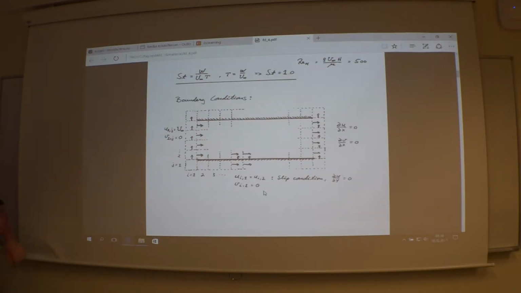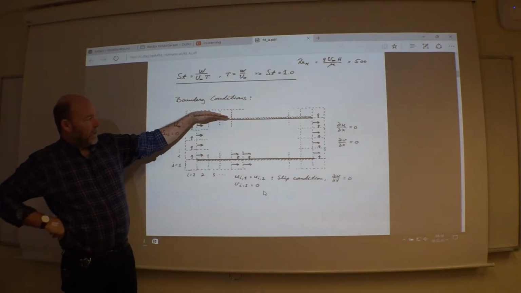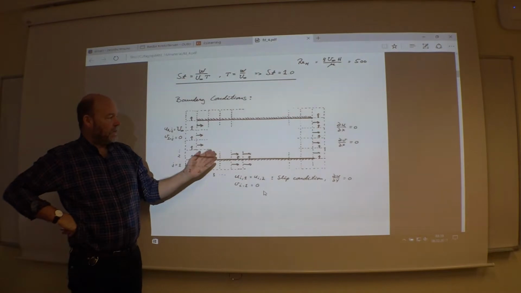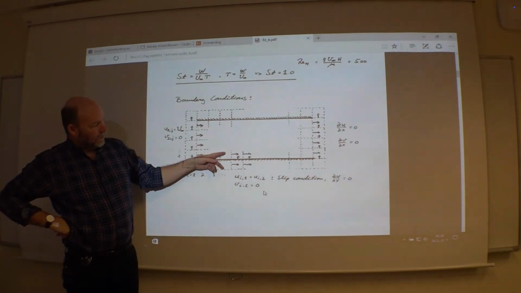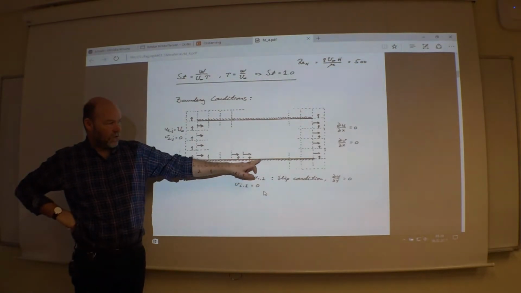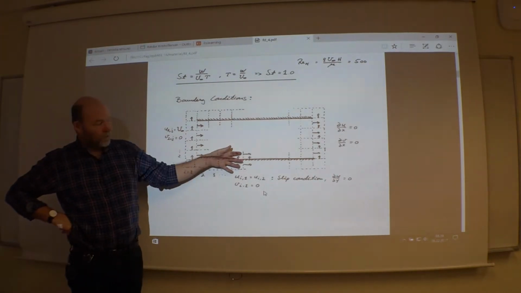The boundary conditions into the Strouhal algorithm. Here I have 2 walls, but I'm not interested actually in a channel flow here, so I say these are slip walls. So I use a slip condition here. Of course, the velocity in the y direction is 0. They're solid walls in that respect, but not in the streamwise direction.